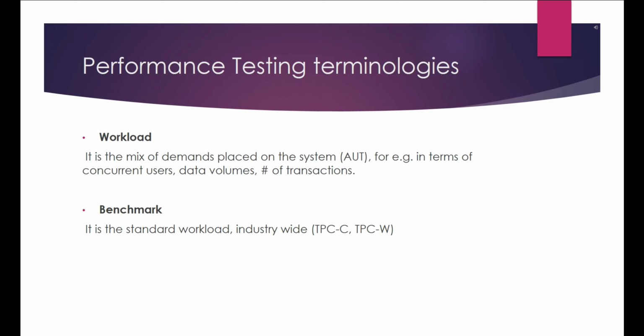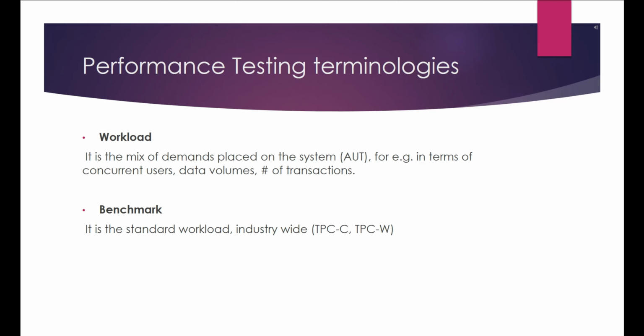Benchmark. It is the standard workload that is accepted industry-wide. We rely on two standards, TPC-C and TPC-W. The TPC-C is an online transaction processing benchmark and TPC-W is a transactional web e-commerce benchmark.